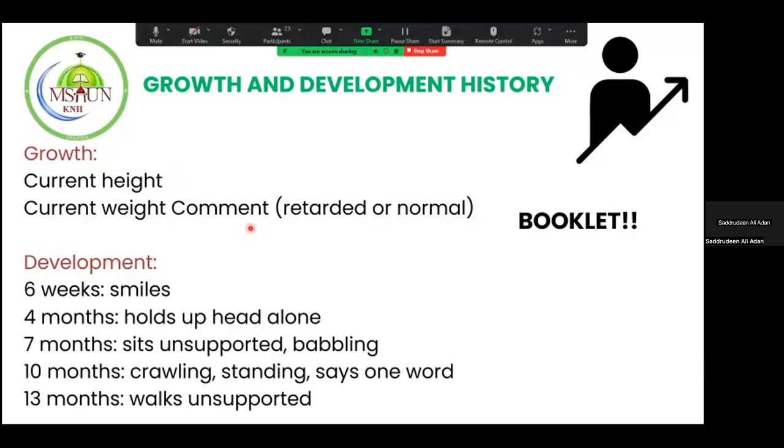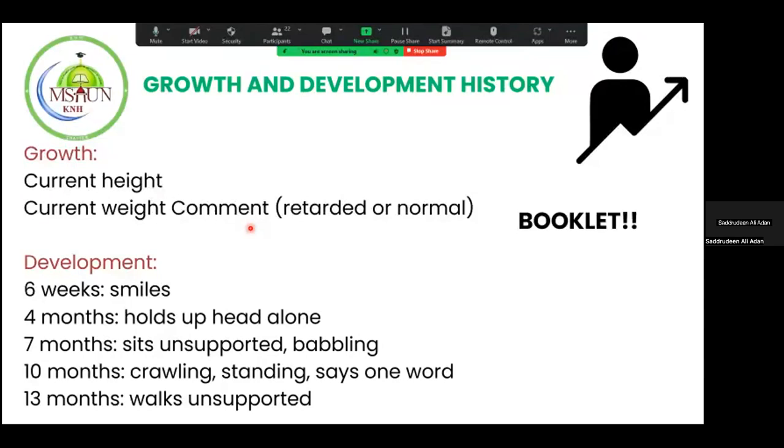At 7 months, when you put the baby in a sitting position, the baby should sit supported and should babble. Babble means just a few syllables, like ba, ka, nya.